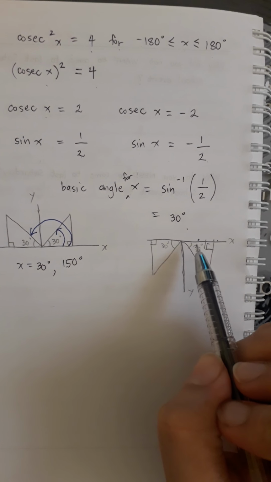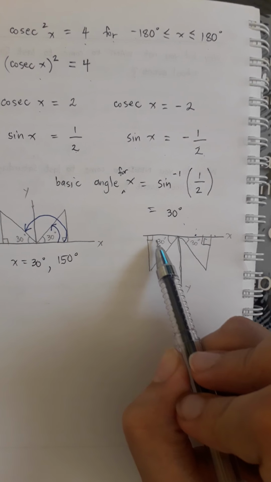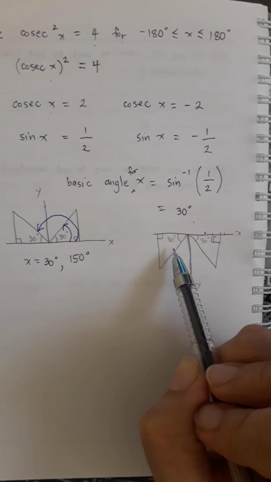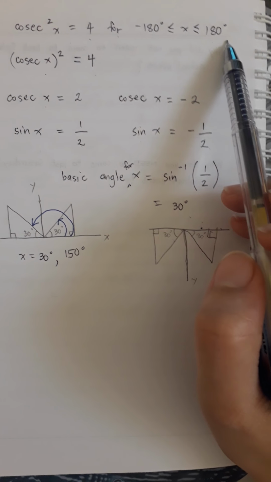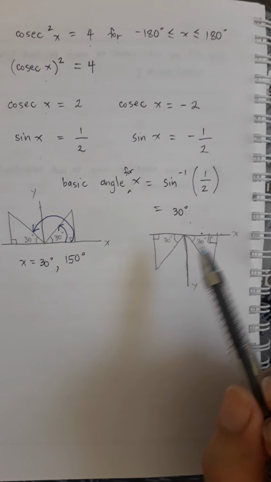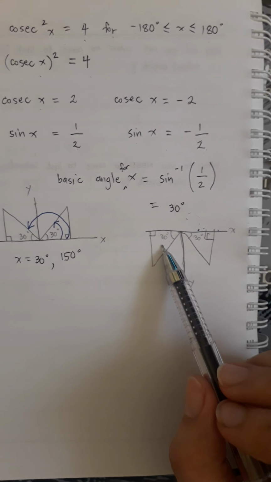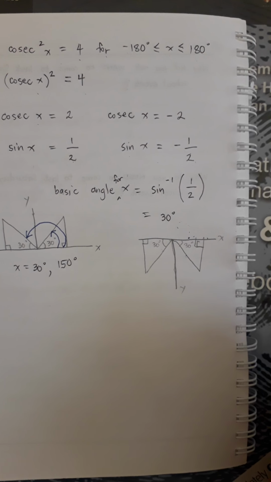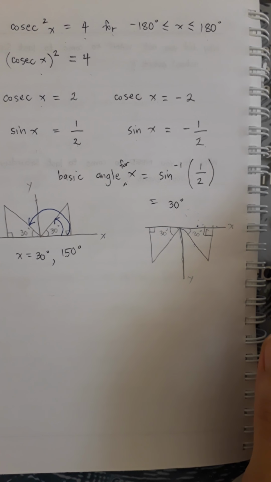We are starting from the positive x-axis, which is our 0. Can we use this angle? The answer is no, because that is over 180 degrees. We cannot also use this angle. That will be much, much more than 180 degrees.